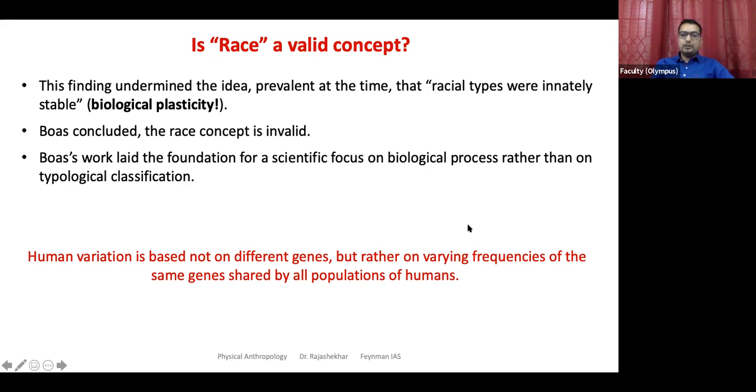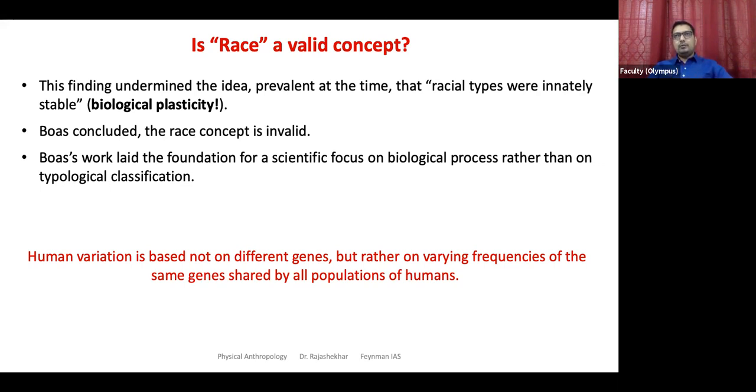Rather, they are because of varying frequencies of the same genes, like blood groups. We have the same genes, but the proportions of A, B, AB, and O blood groups change because of polymorphism. Same genes, but they show polymorphic nature. It's not like Africans have different genes compared to Americans. We all, as humans, have the same genes with different morphological differences.